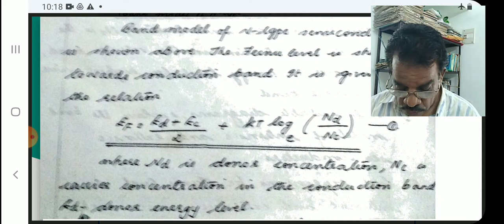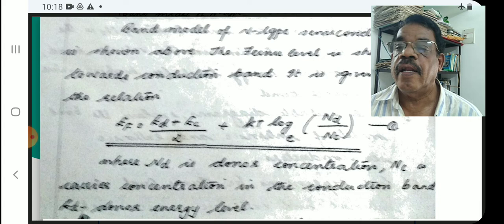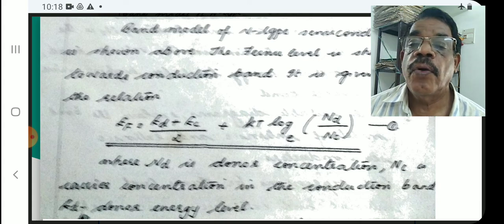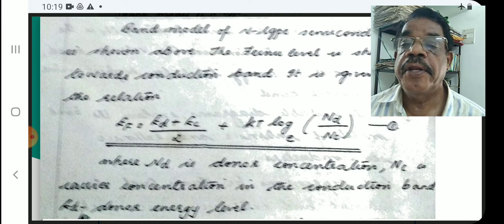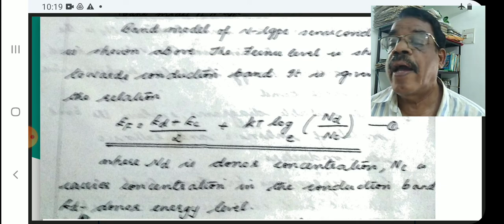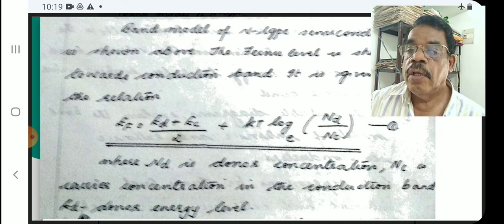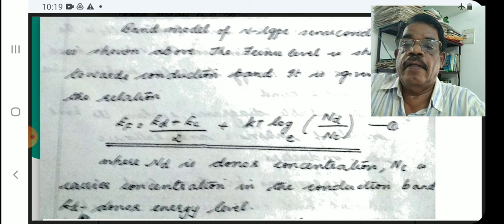Where ND is the donor concentration, NC is the carrier concentration in the conduction band, and ED is the donor energy level. I think everything is clear.